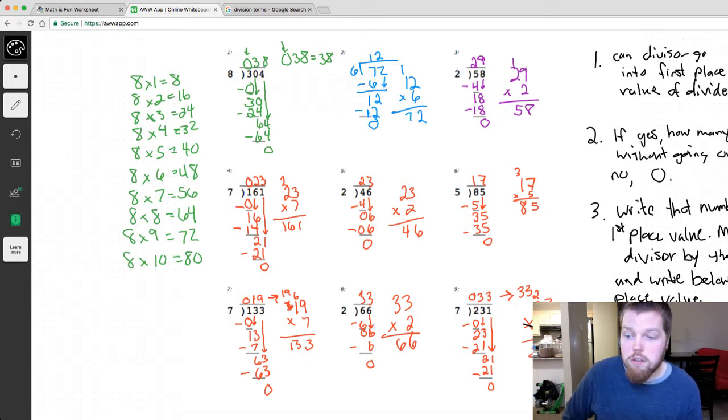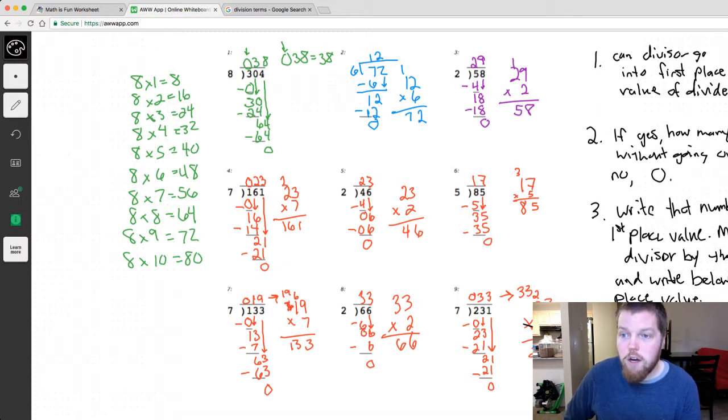Then I'm going to multiply the divisor by that number, 0 times 8, and write it below the first place value. Write the 0 below the 3. Then subtract that number from the first place value. So 3 minus 0, and then we get 3. And then bring down the next place value. Okay. And then repeat until 0 remainder.